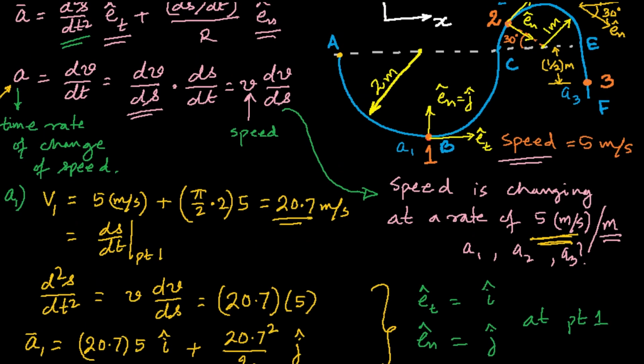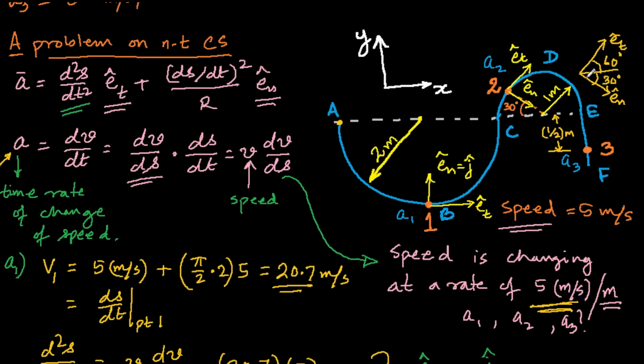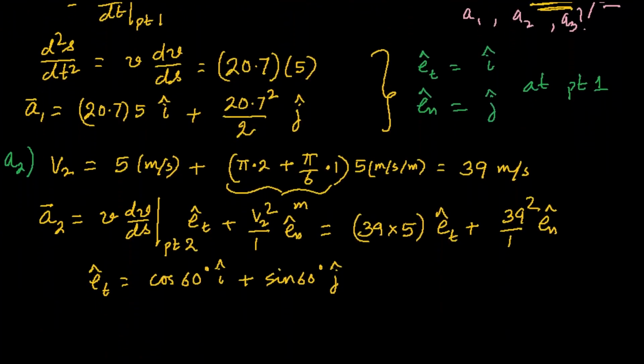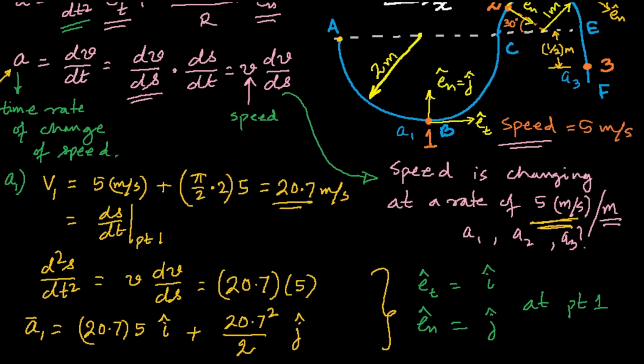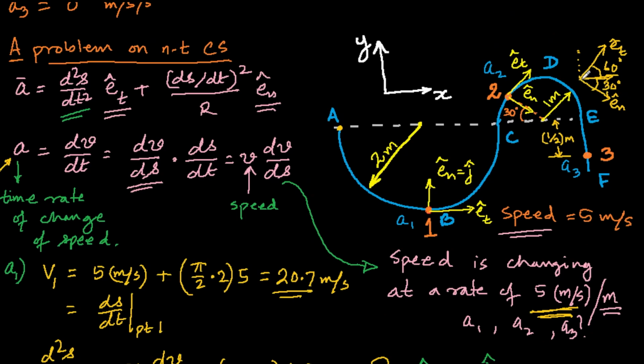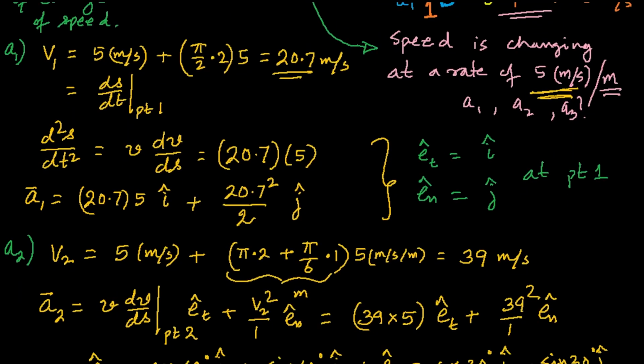See this? Cos 60 times in the x direction and sin 60 times the j direction. And similarly, en would be cos 30 degrees times i and minus sin 30 degrees times j. If you look at this en, so this cos 30 times this, and this direction is minus sin 30 j.